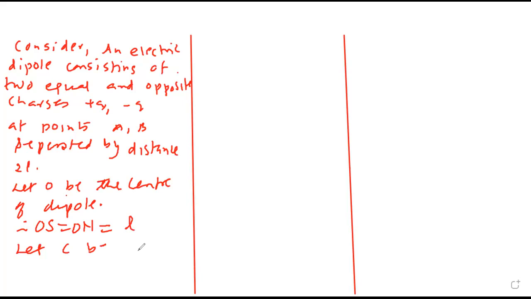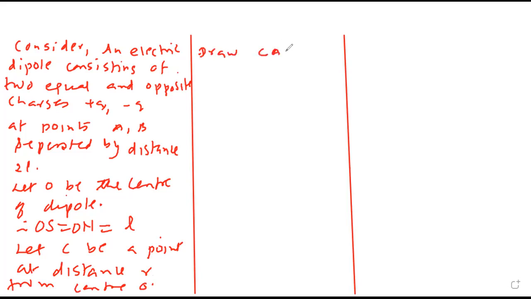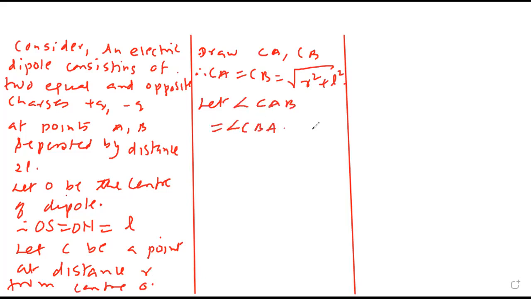Let C be a point at distance r from the center O. Draw CA, CB. Therefore, CA equals CB equals root of r square plus L square. Let angle CAB equals CBA equals theta.